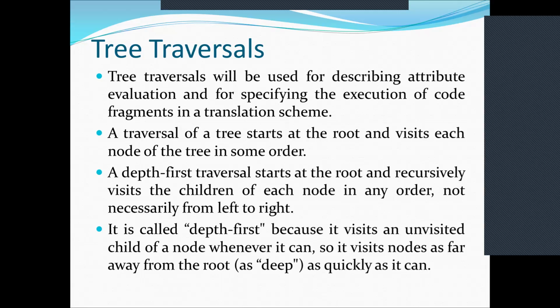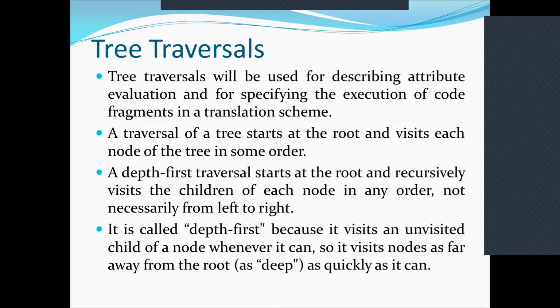To start with, the tree traversals will be used for describing the attribute evaluation and for specifying the execution of code fragments in a translation scheme. Because we are studying the translation scheme or the compilation scheme.